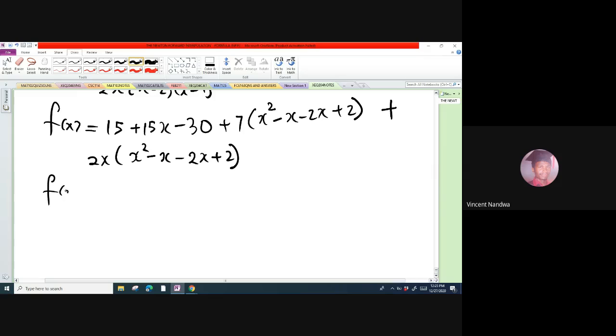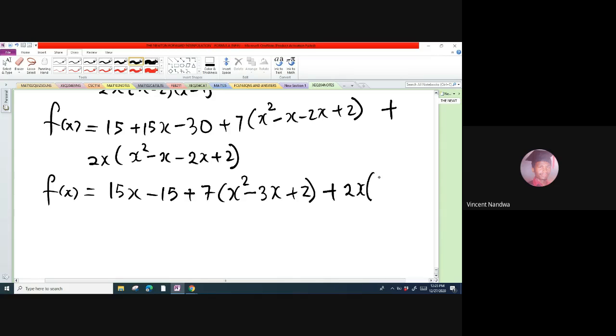And then f of x will be, so this is 15x minus 15, and then plus 7 into x squared minus 3x plus 2 plus 2x into x squared minus 3x plus 2.